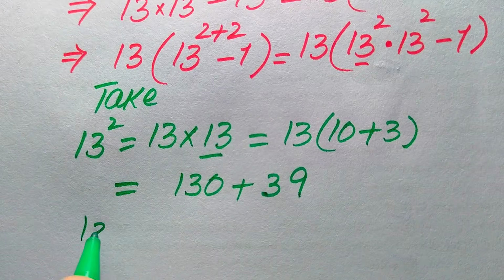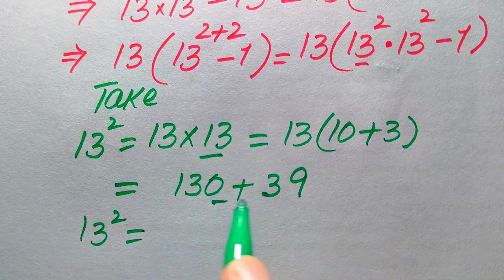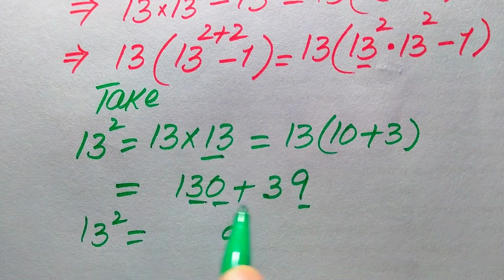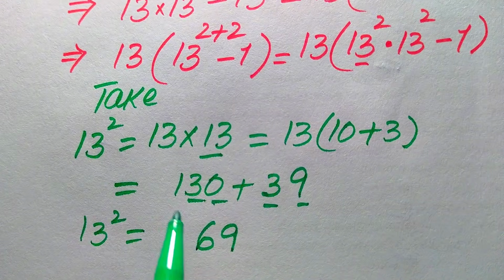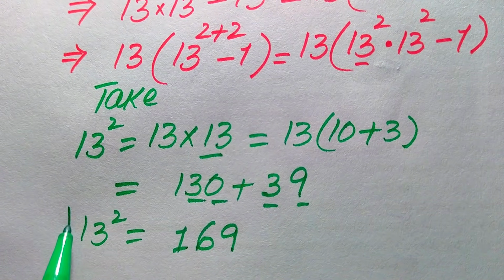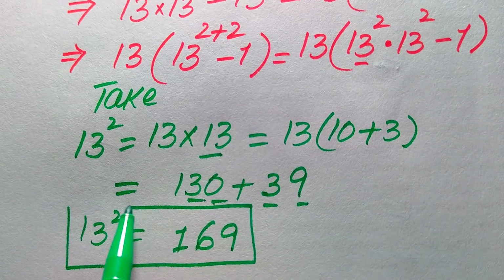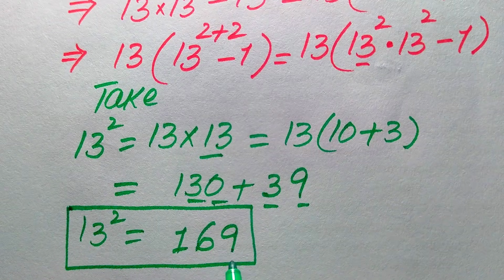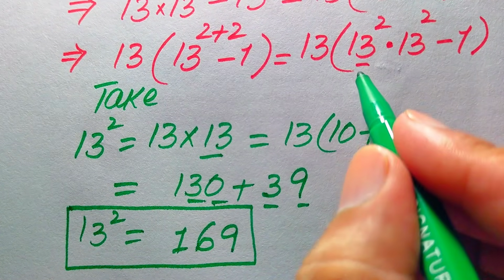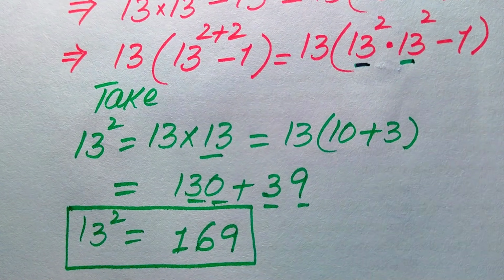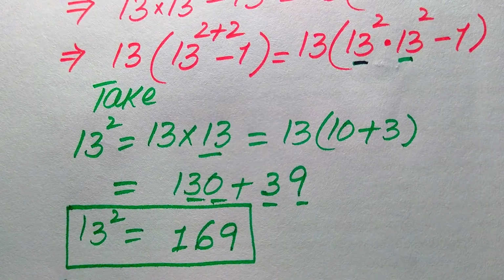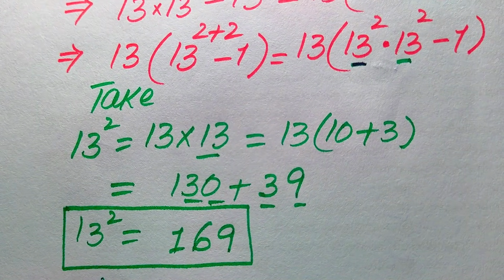So when we sum up both of these two values, we get 0 plus 9 becomes 9, 3 plus 3 becomes 6, and this is our 1. So we get the square of 13 is equal to 169, and we replace this value in both of these two places.